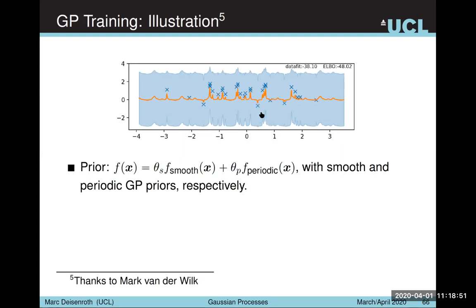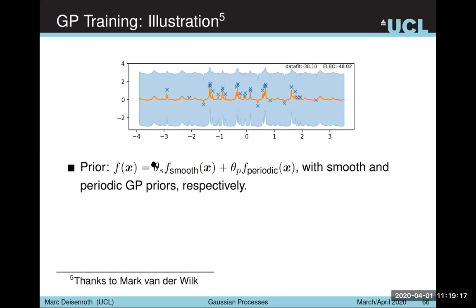But we can now use a Gaussian process with a kernel which is a sum of two kernels. One is the Gaussian kernel and one is the periodic kernel. And then we can add these theta s and theta p parameters to the kernels.